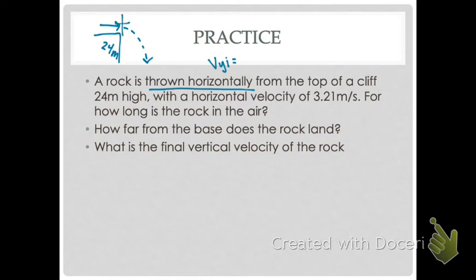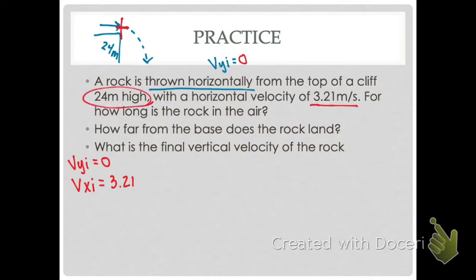It tells me that the second it leaves my cliff or my edge, it's moving purely horizontally. So VYI has to be equal to 0, because all my velocity at the beginning of my motion is horizontal. And it happened to give me that VXI is equal to 3.21.